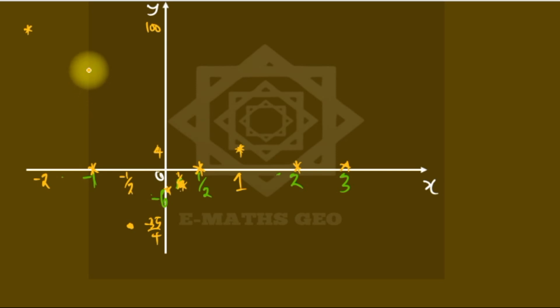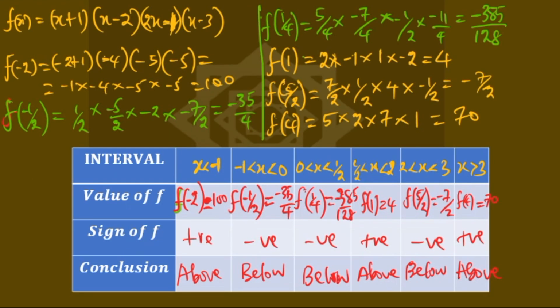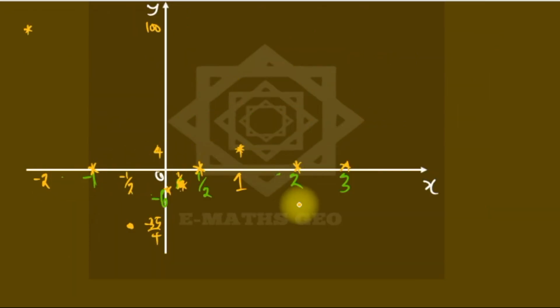So between this will intersect. Between 2 and 3, we chose 2.5. That's 5 over 2. I have minus 7 over 2. That's minus 3 point something. So it will be somewhere here. So that's one of the points.